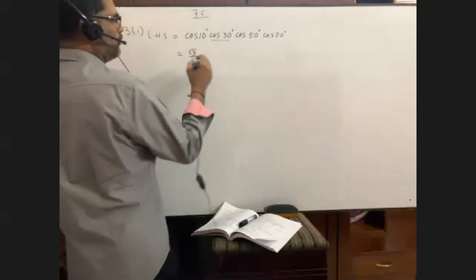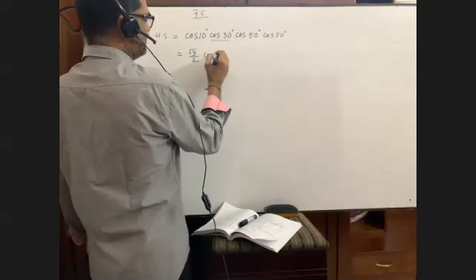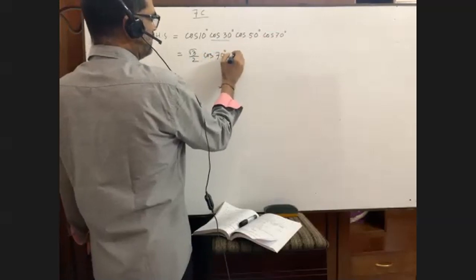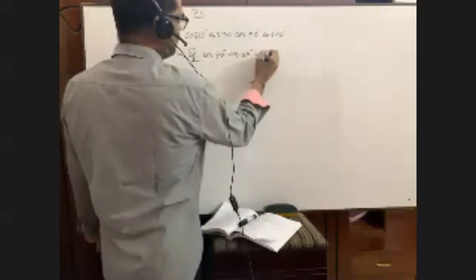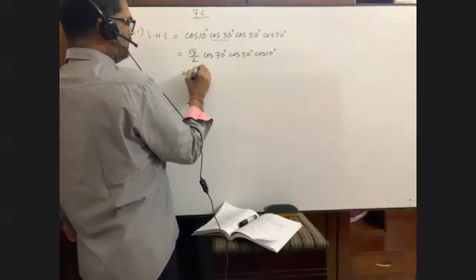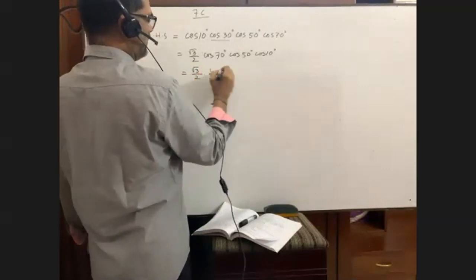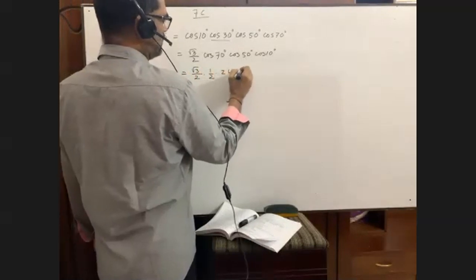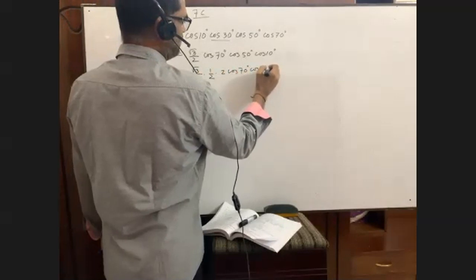Now I can write like this: cos 70, cos 50, and cos 10 degree. Now I can write root 3 by 2 into half into 2 cos 70 degree and cos 50 degree.